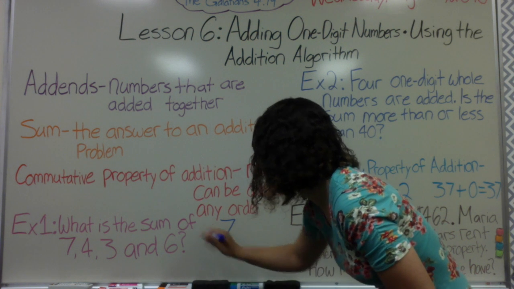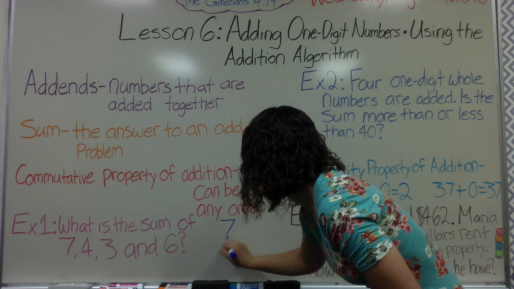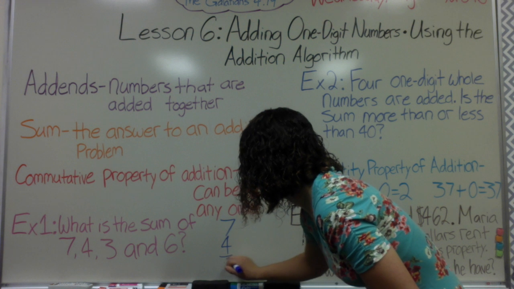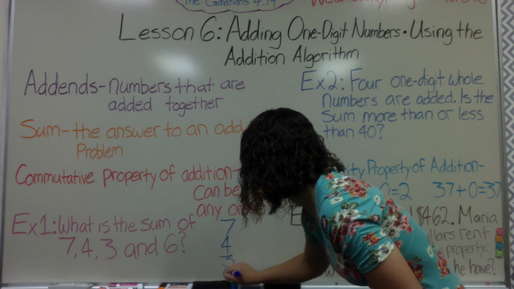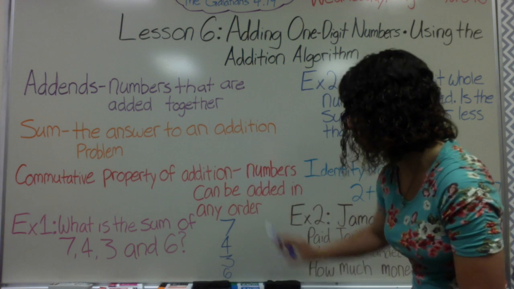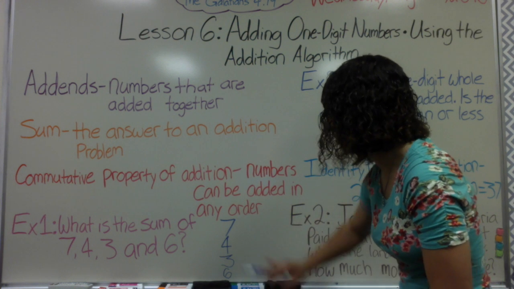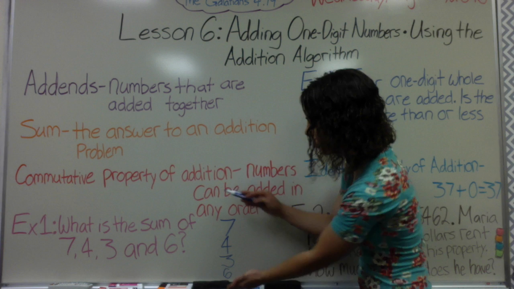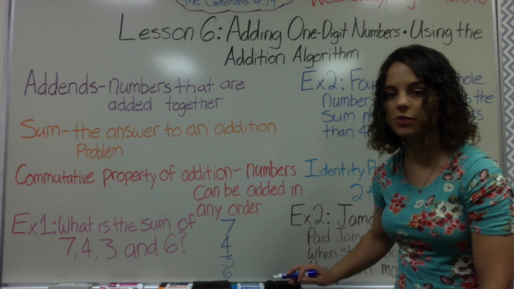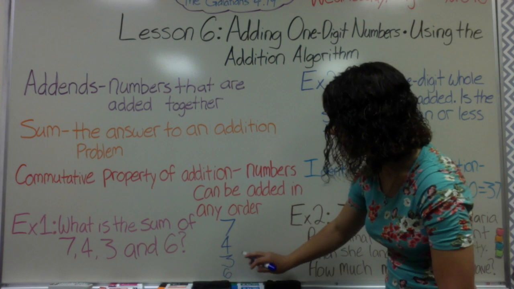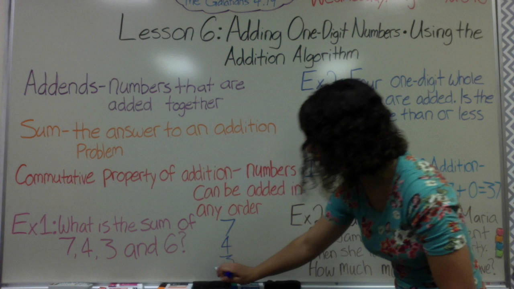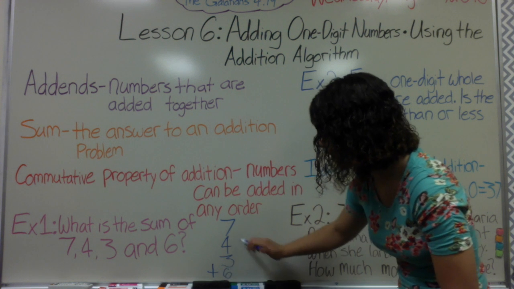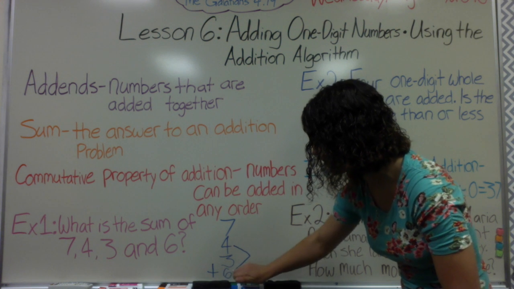So I have 7 plus 4 plus 3 plus 6. Now, I don't have too much room. You're going to actually write it out in a better order, or at least give yourself more space whenever you're adding, but I need to make sure we can all see it. But whenever I look at these numbers in order and I'm going to add them, I know that 4 plus 6 is 10.